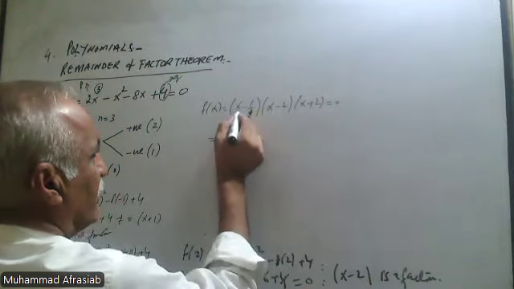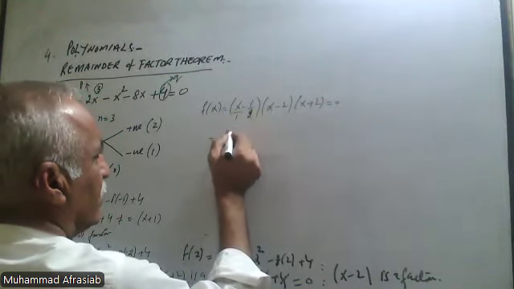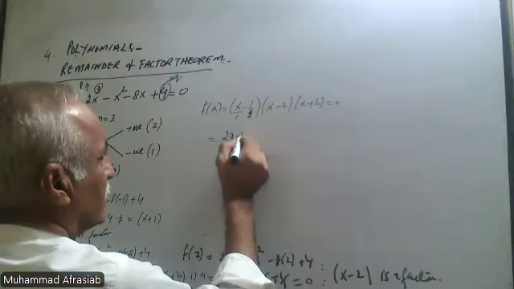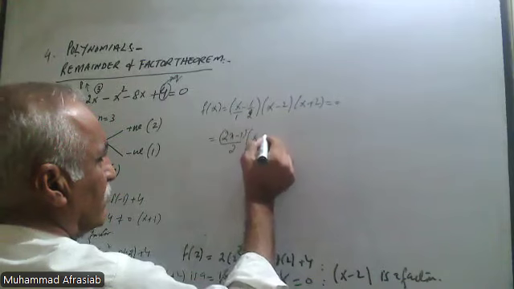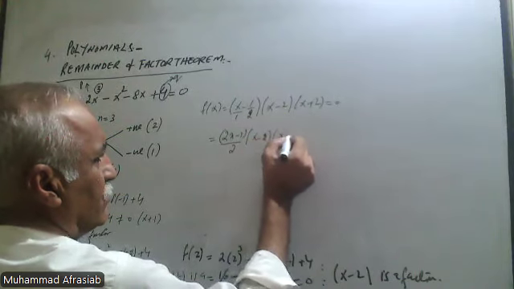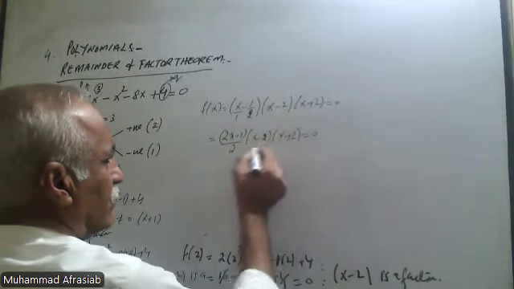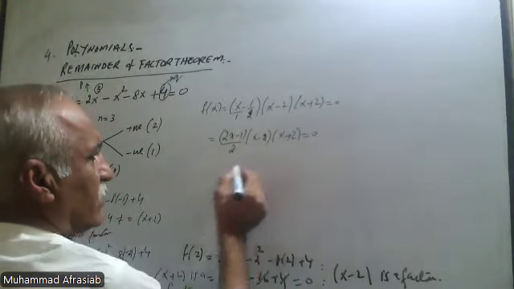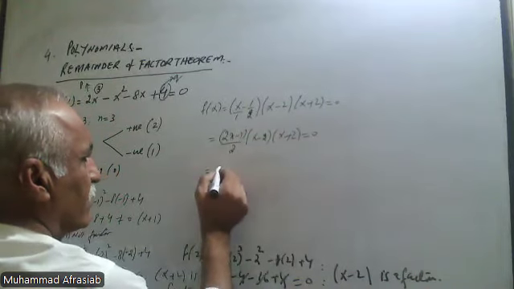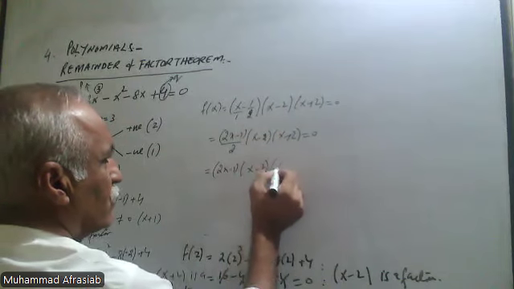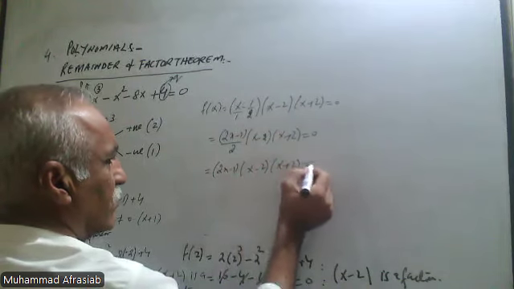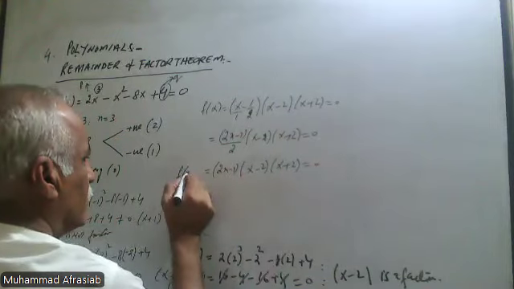This will become, if we take 2 as an LCM, 2x minus 1 over 2 into x minus 2 into x plus 2 is equal to 0. This 2 can be multiplied by 0 is 0 there. So 2x minus 1, x minus 2, x plus 2 equal to 0.